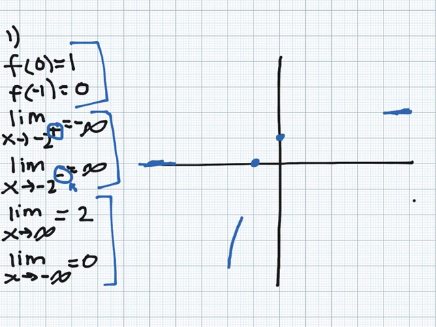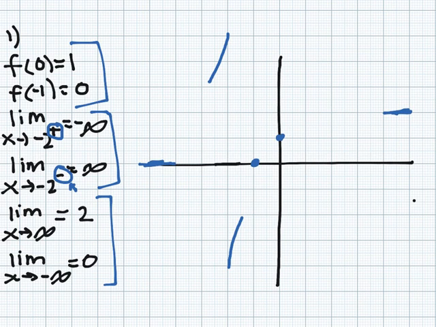And when we approach negative 2 from the left side, or the negative side, we're going to get closer to positive infinity. So now that we've met all our conditions, we just have to sketch our graph.